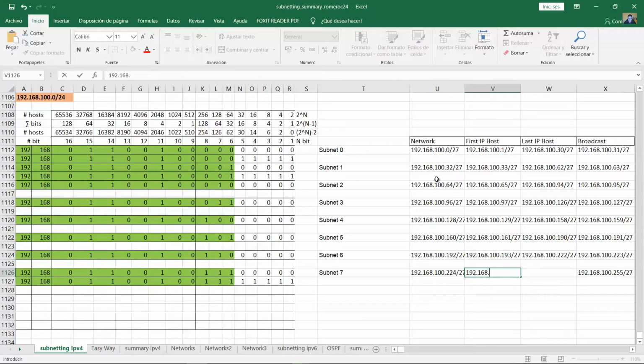First IP host 225, last IP 254. Very good.